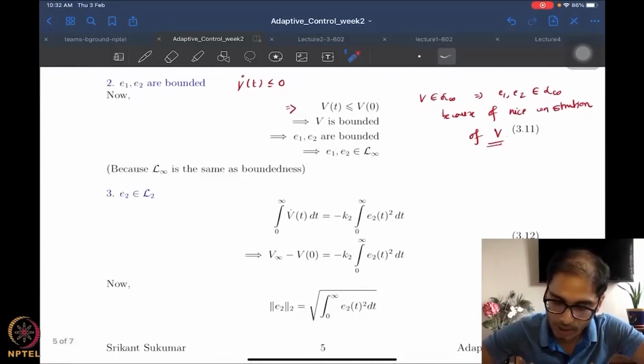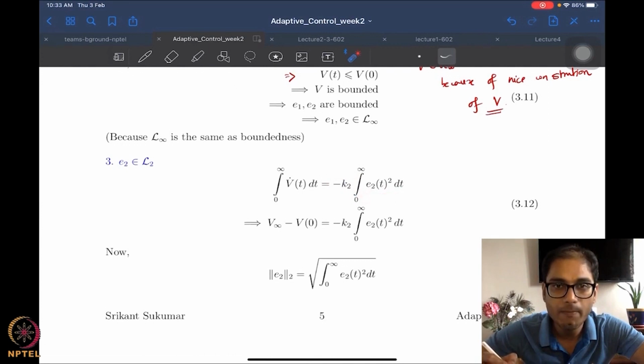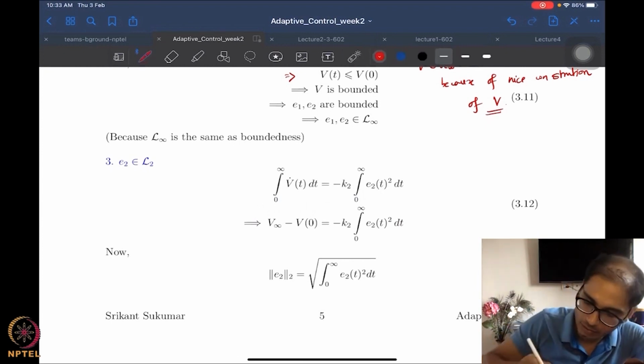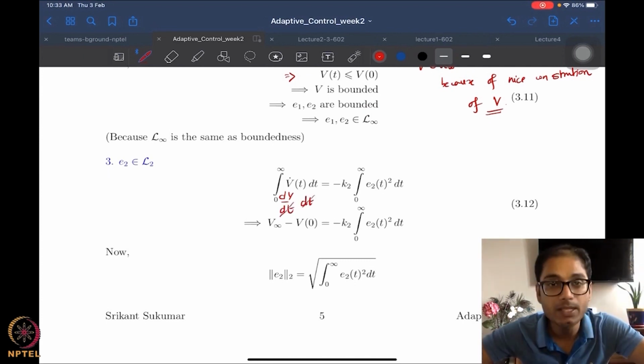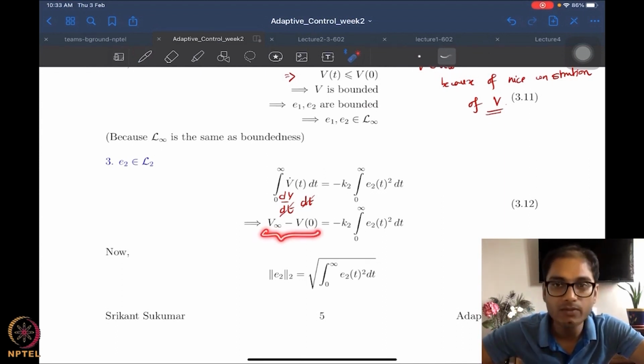The right hand side is of course minus k2 times the integral from 0 to infinity of e2 squared t dt. The left hand side is just dV over dt, so the dt cancels out and this just becomes an integral of dV, which is simply V at infinity minus V0.